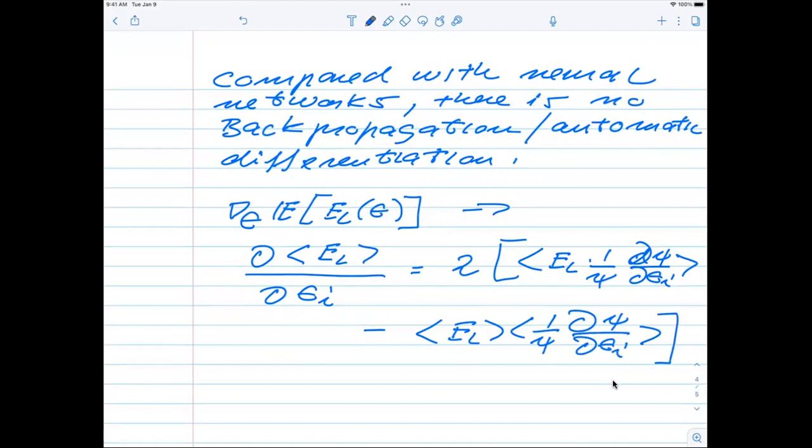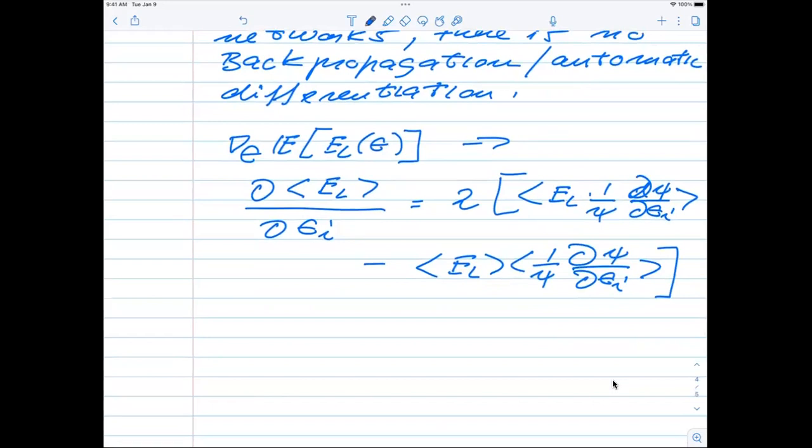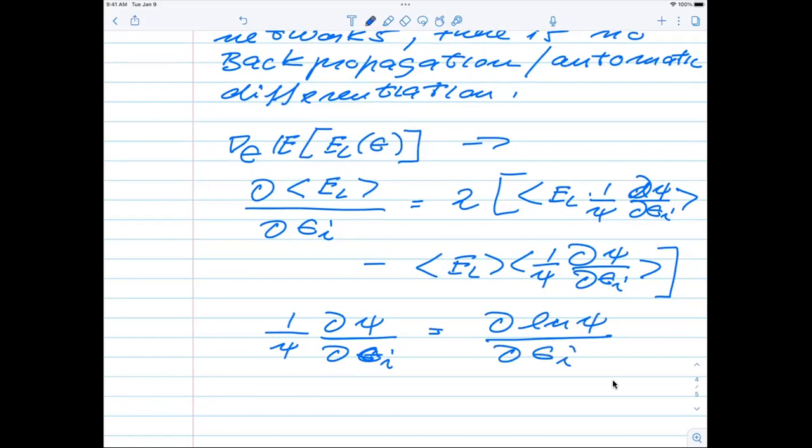And in our case, we can always rewrite this derivative of the wave function with respect to the parameters theta_i in terms of the log. This is very convenient for us because the wave function is going to be given in terms of exponentials. So we will have d psi with respect to theta_i, one of these parameters, and this is something which we can rewrite as the derivative of the log, or ln, of psi with respect to theta_i.